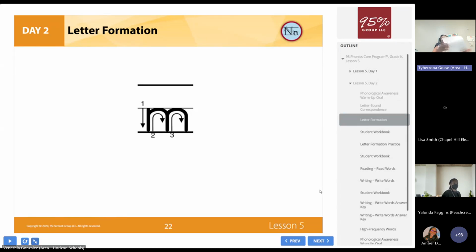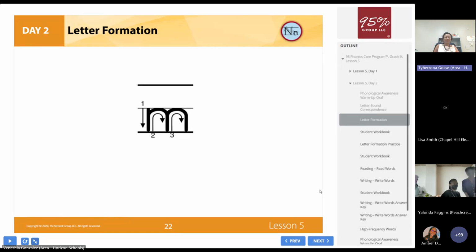So this is our midline. And for you teachers, your whiteboard, your ViewSonic boards are great for this activity. So I'm going to start at the midline, and then I'm going to pull down straight. Push up, curve forward, pull down straight.